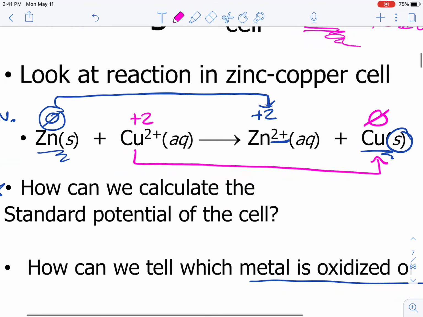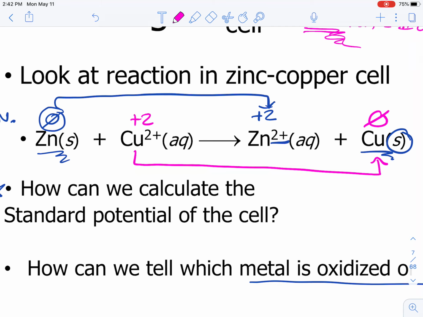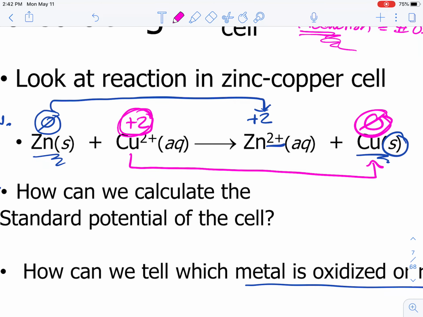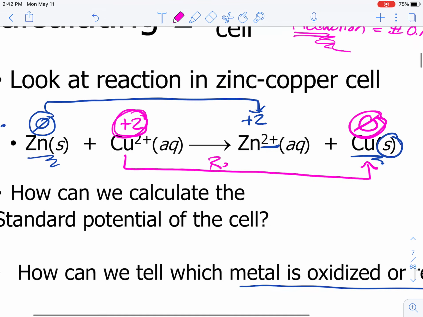Looking at what I drew in pink and blue, notice that copper 2+ goes from +2 to 0. These numbers are going down, so therefore it's being reduced. So reduction is going to occur for copper 2+.